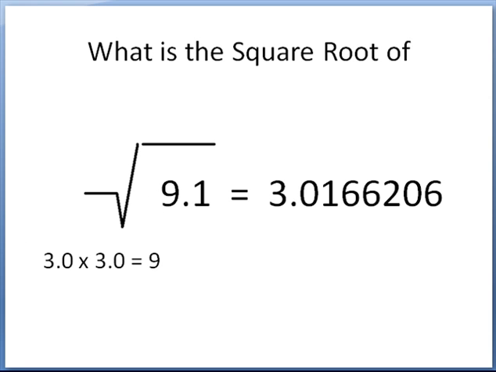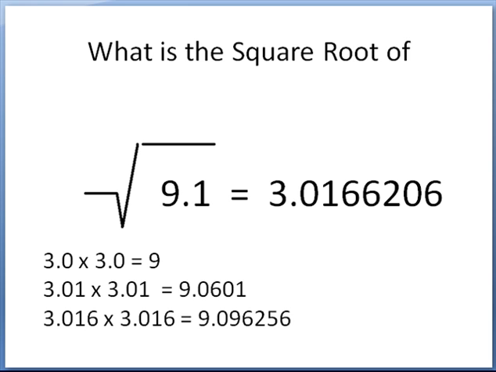What if we went to 2 decimal places? 3.01 times 3.01 would be 9.0601. That, again, is not 9.1. What if we were to go to 3 decimal places? 3.016 times 3.016 would be 9.096256. Still very close to 9.1, but not 9.1.